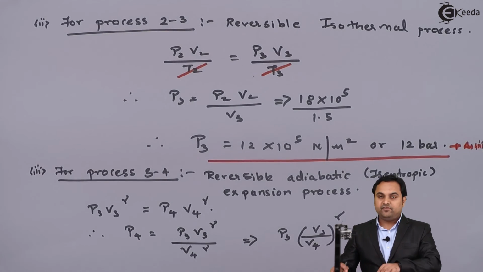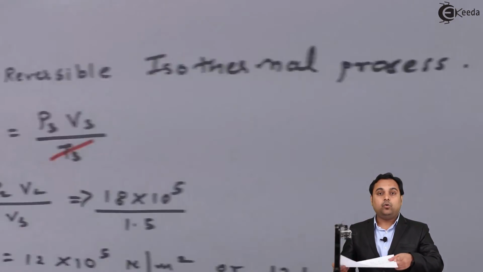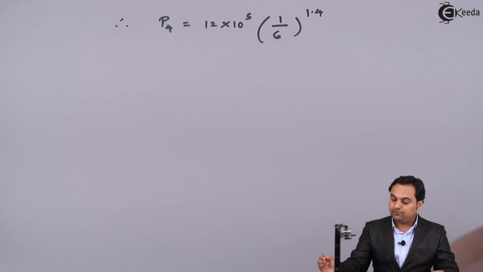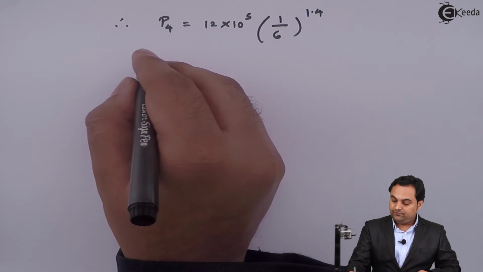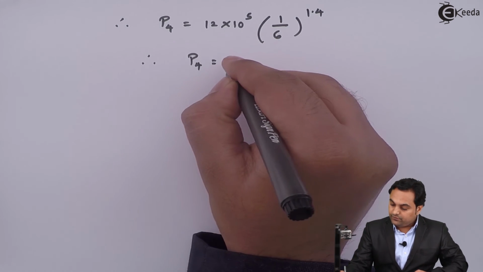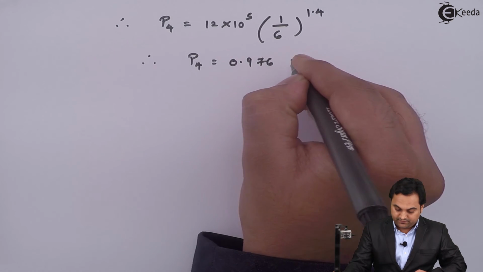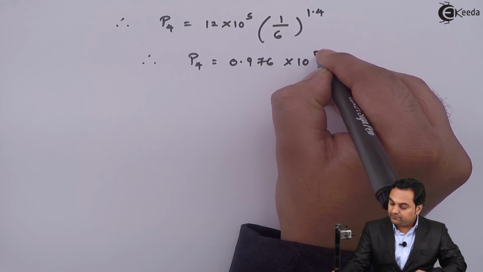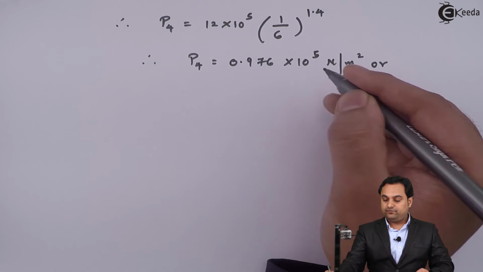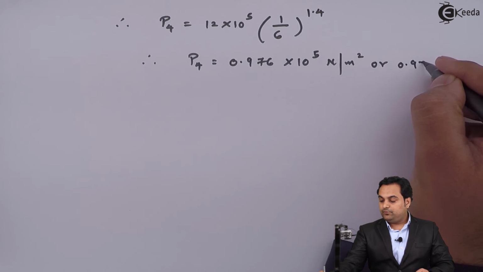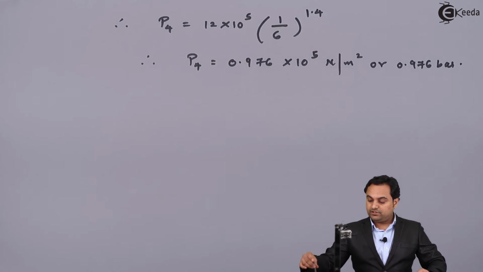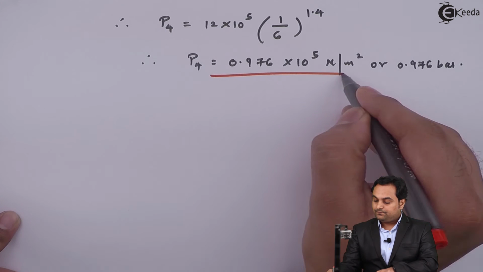So V3 by V4 will be reciprocal, that will be 1 upon 6 raised to gamma, which is 1.4. So the P4 value will come out to be 0.976 into 10 raised to 5 Newton per meter square, or if I divide by 10 raised to 5, that will become 0.976 bar, and this will be the fourth answer for us.